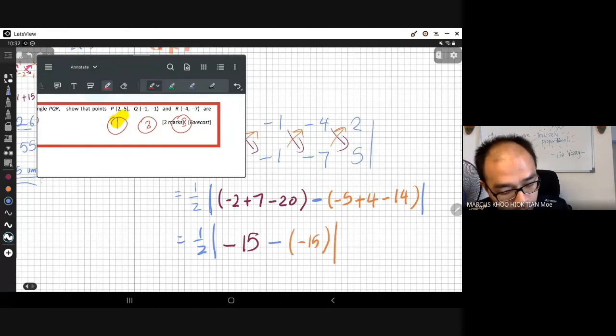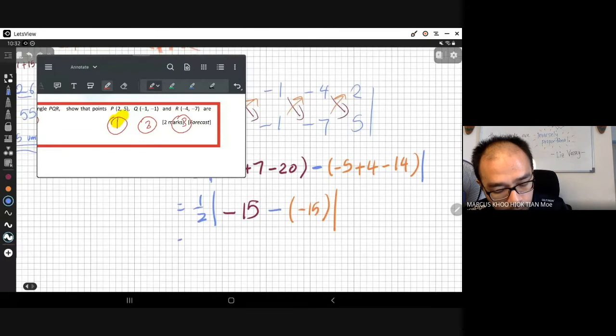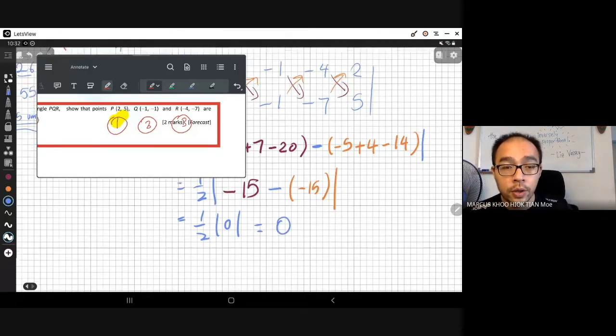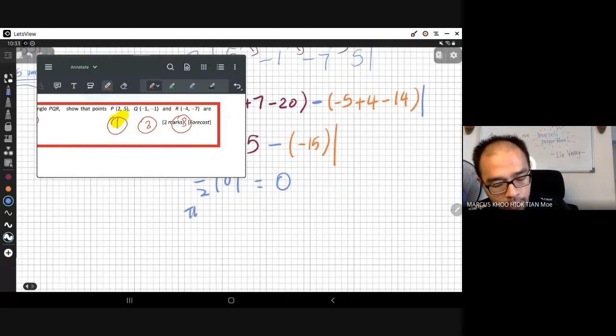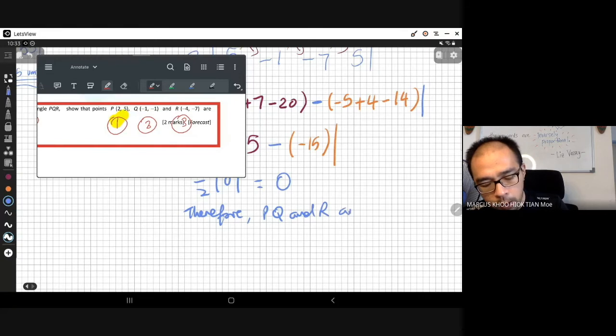When you calculate this, you will find that it is 0. Half times 0 will be 0. So you can say, therefore, P, Q, and R are collinear because the area is 0.